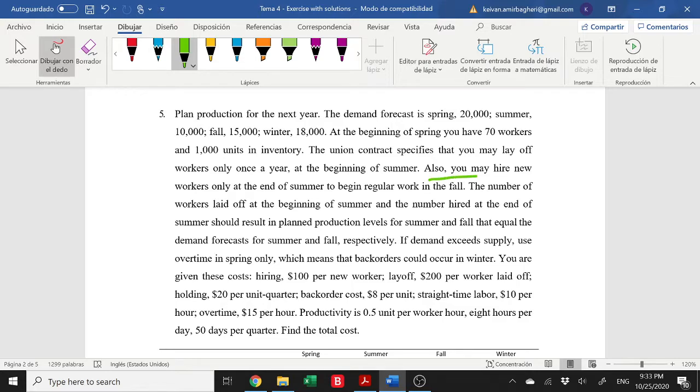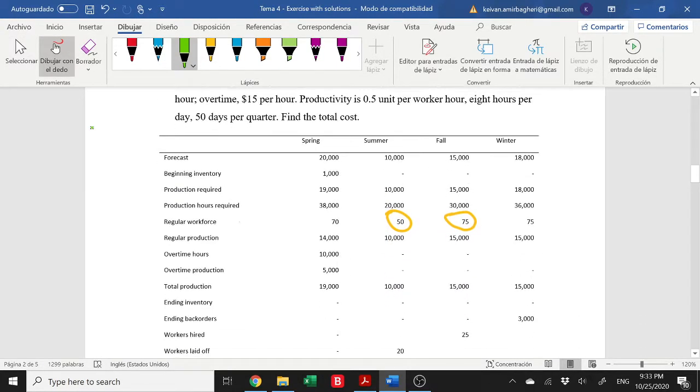Here: you may hire new workers only at the end of summer to begin regular work in the fall. So it's giving us a hint. We are at the end of summer to start our fall. So it gives us permission to hire 25 more workers. Why? Because we finished with 50 and we calculated that we need 75. So we need to hire 25 workers that I listed here.